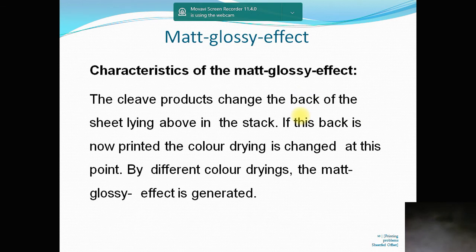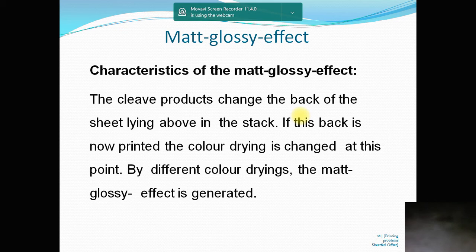Well, then we will see the matte glossy effect. The three products change the back of the sheet lying above in the stack. If this back is now printed, the color drying is changed at this point, because the back of this sheet has already absorbed some of the moisture or solvents of the lower sheet.